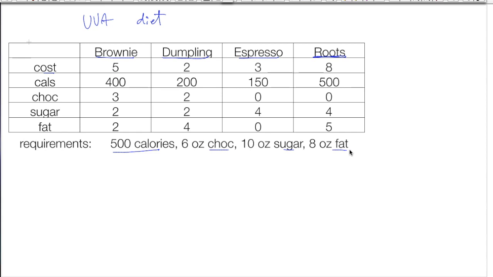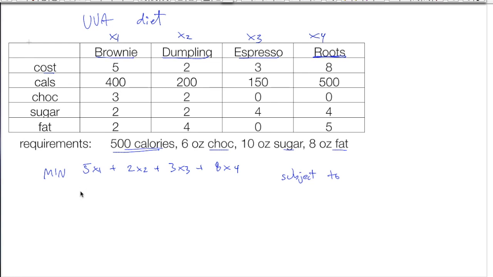And now let's try to figure out how we can optimize your experience here at UVA. What we'd like to do is minimize the cost that you incur to feed yourself. Let's call these variables x1, x2, x3, and x4. We want to find out how much brownie, dumpling, espresso, and Roots you should consume, and minimize the cost of each of those, subject to the constraint that you have a healthy life.